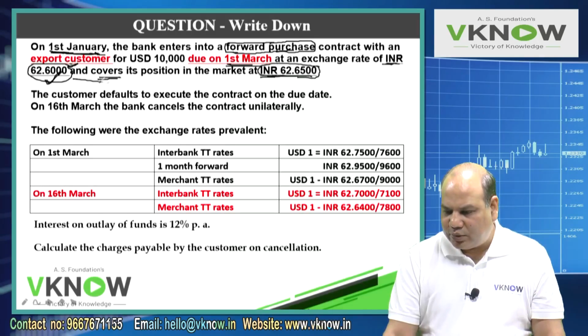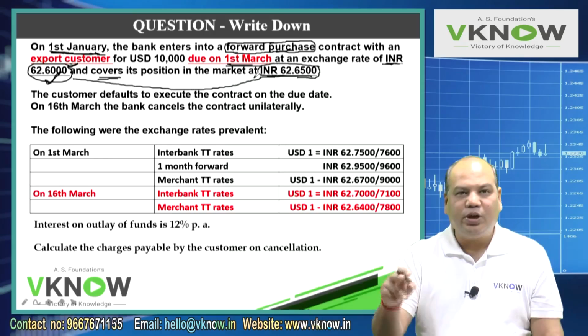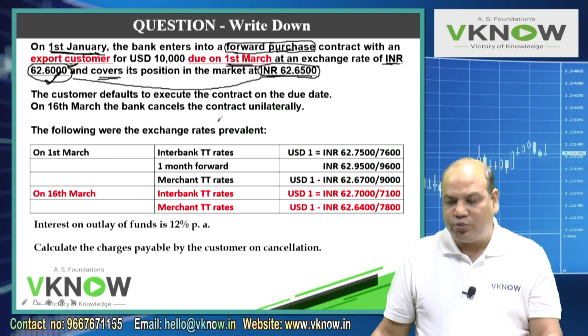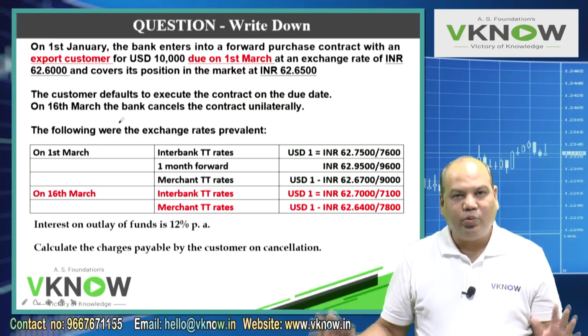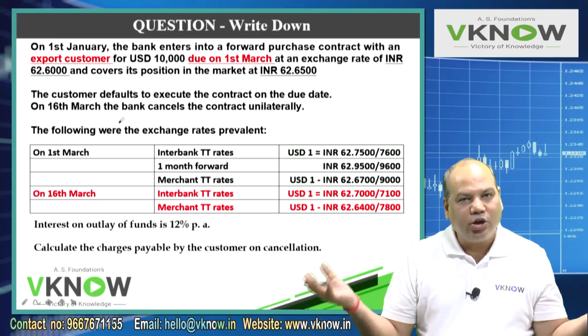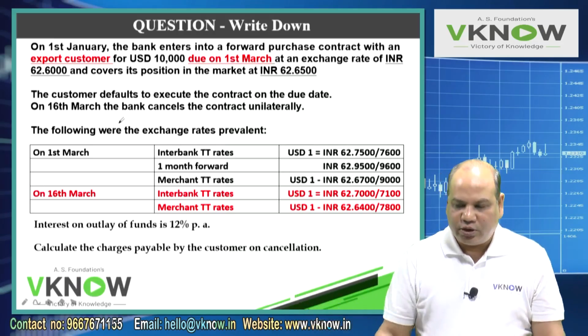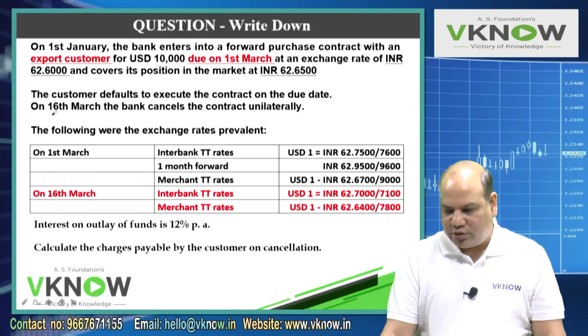The difference multiplied by 10,000 would have become the profit of the bank if things had moved smoothly, but the customer did not turn up on 1st March. Customer defaults. Bank waits. He did not come. So now what will the bank do? On 16th March, the bank cancels the contract. So different rates are given.